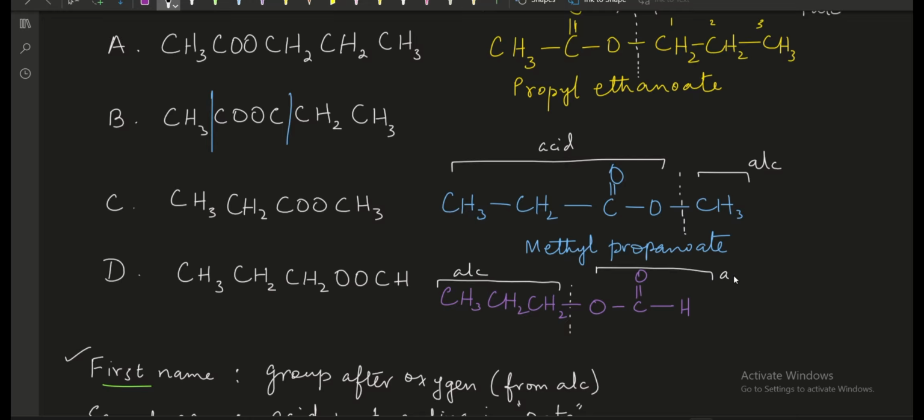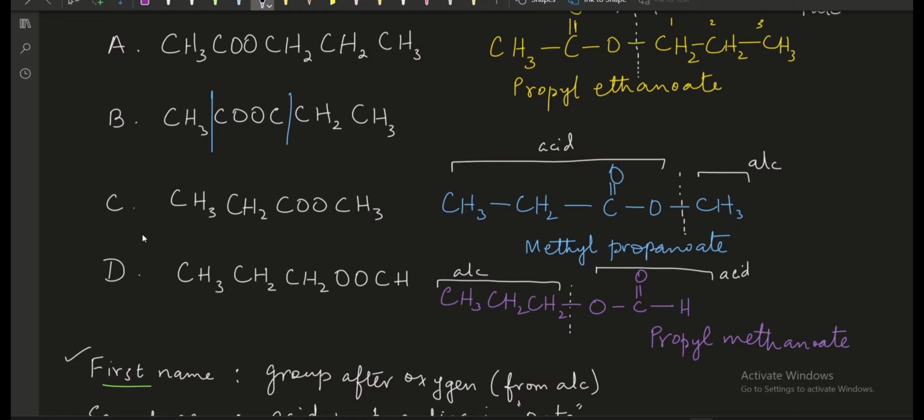This is the acid part. So how are you going to name it? First, the alcohol part has 3 carbons in it, so its name would be propyl. And the acid is the one that has only 1 carbon, that is methanoic acid. So now it will change from methanoic to methanoate.